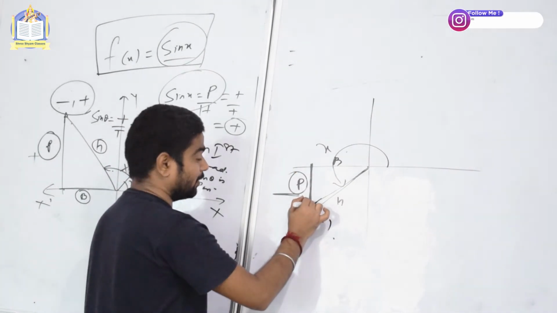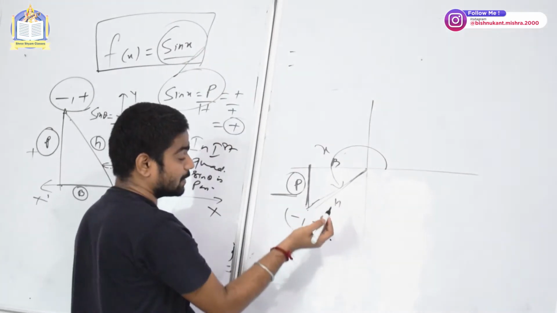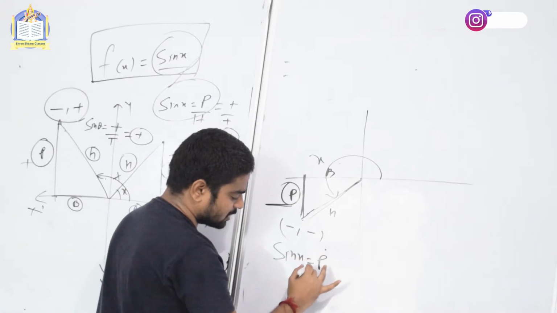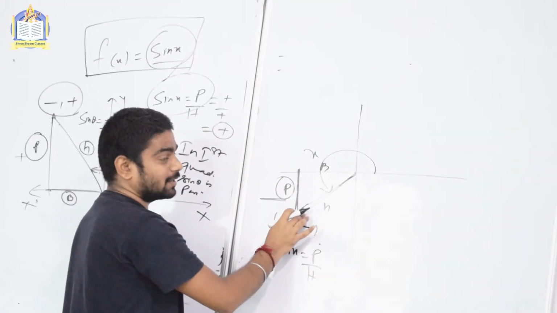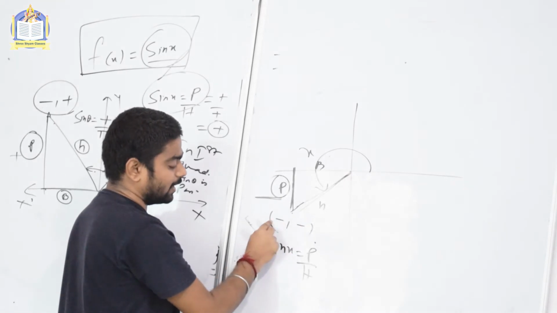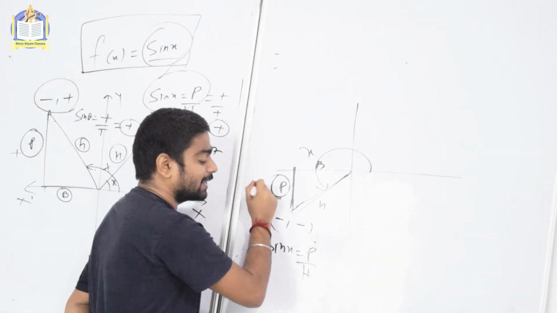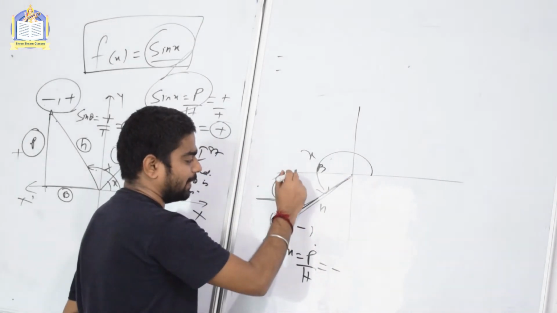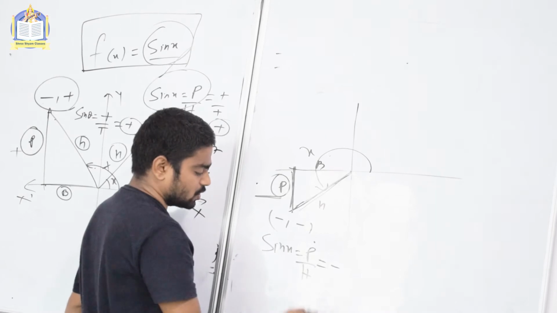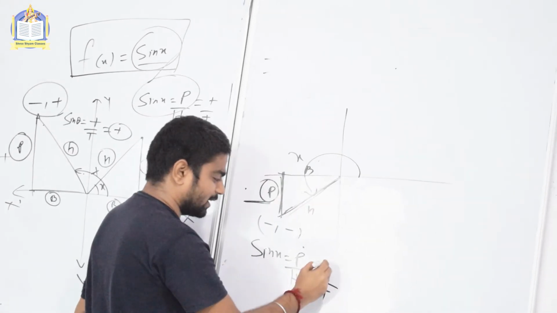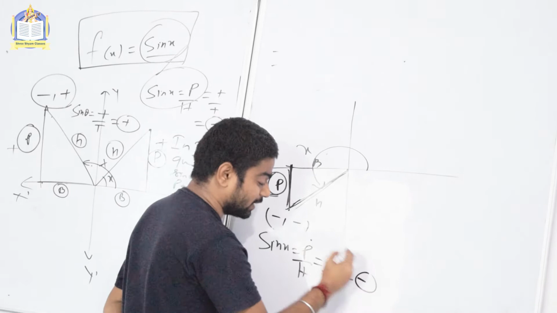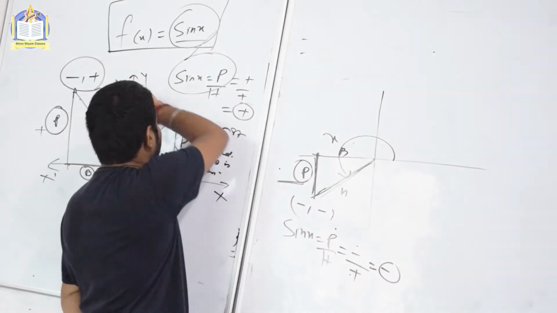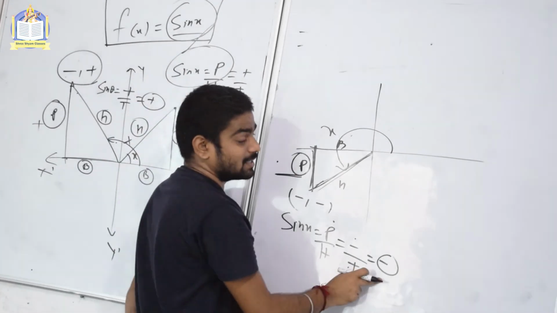So sin x will be p by h, where p is negative. But hypotenuse is the square root of the squares of perpendicular and base, and it can never be negative, so hypotenuse is positive. Negative by positive gives a negative result. So in the third quadrant sin theta is negative. In the first quadrant sin theta is positive, in the second it is positive, but in the third quadrant sin theta is negative.